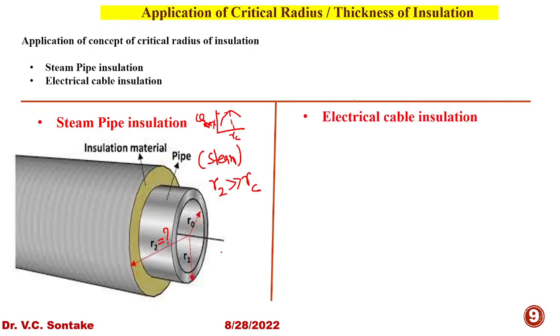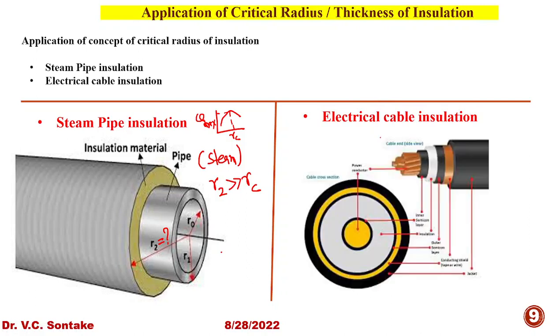Now let us consider how far it is different from provision of insulation over electrical cables. Electrical cables are used to carry electricity, and by virtue of Joule's effect, heat is generated inside these cables at the rate I square Re, where I is the amount of current the cable is carrying and Re is electrical resistance.